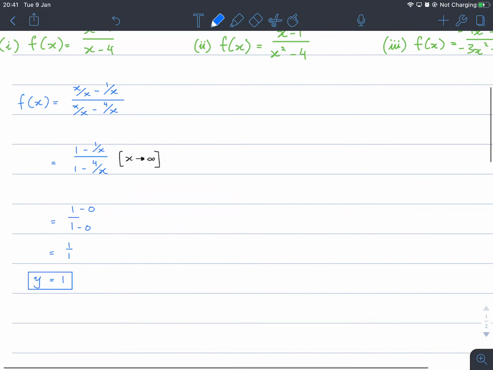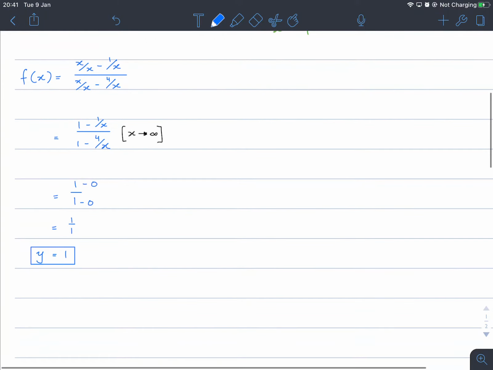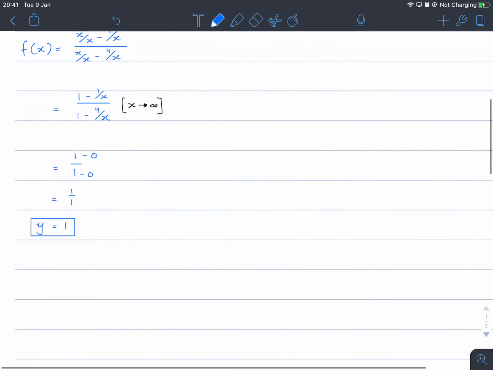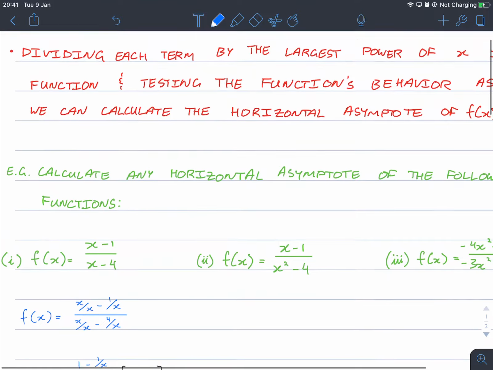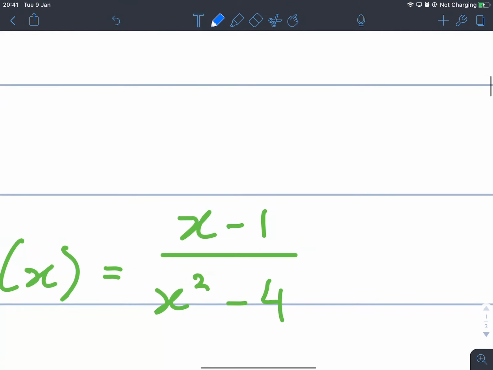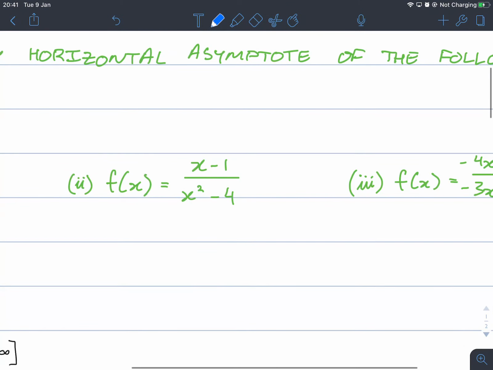And that's how we do it. Let's do a few more examples here, right? And let's evaluate some more horizontal asymptotes. Here we go. Let's take note of which is the largest power of x. In this case, it is x squared. So let's divide everything by x squared.